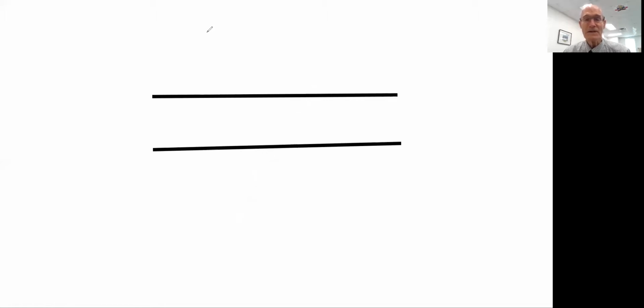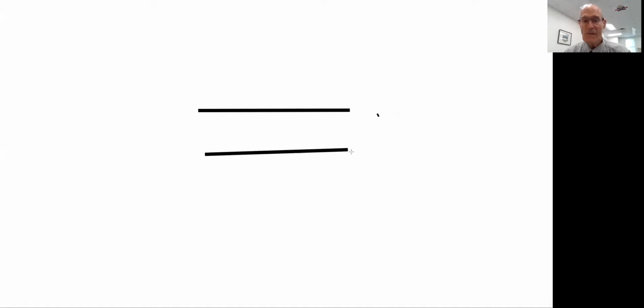Now, the last theorem says if we have two lines that are perpendicular to the same line, so if we have this one perpendicular and this one perpendicular here, if those two lines are perpendicular to the same line, then they will be parallel.